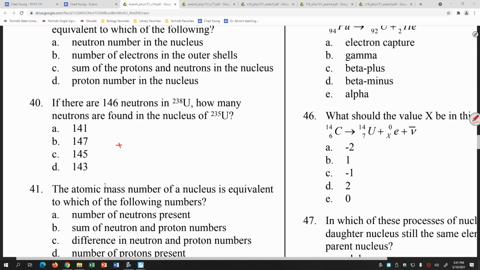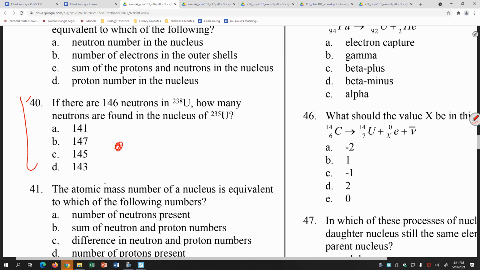Okay, you'll have one like this too, like number 40. How many neutrons? If I have 146 neutrons in U-238, uranium-238, how many are in the nucleus of U-235?